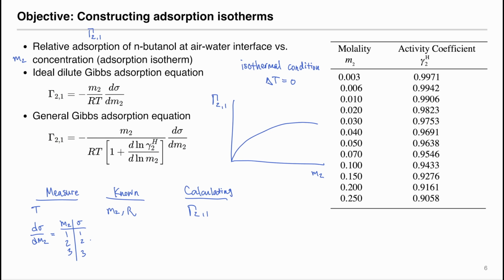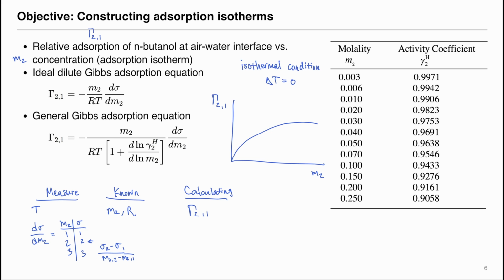If I want to know this point, then I can use sigma 2 minus sigma 1 divided by m22 minus m21 to determine the slope at that point. So that's how we get d sigma divided by d m2.